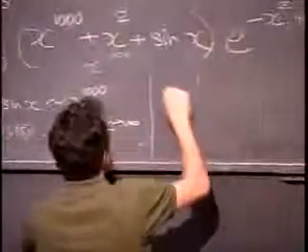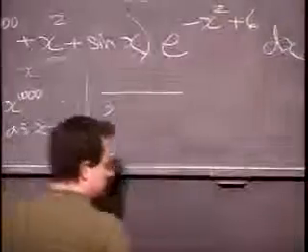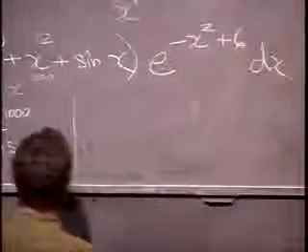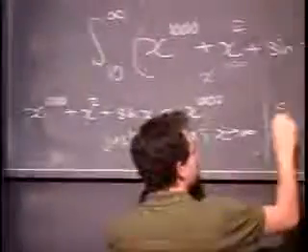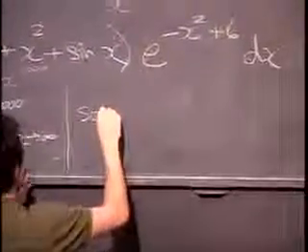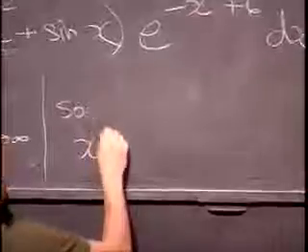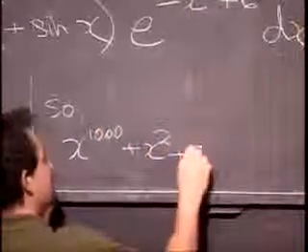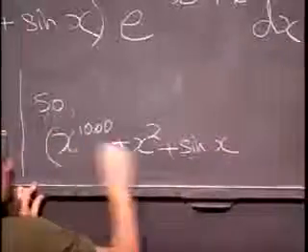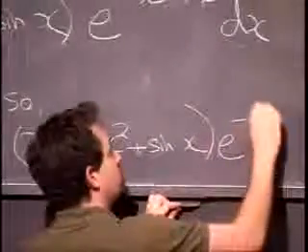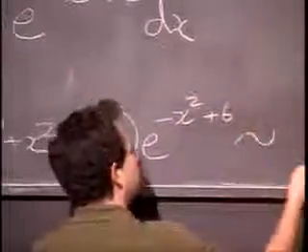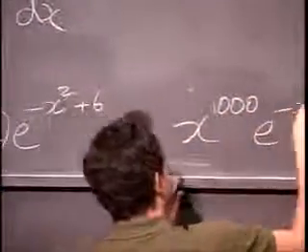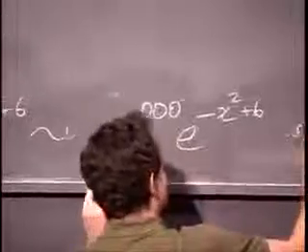I don't need the reciprocal. What I need to do is multiply both sides by e to the minus x squared plus 6. So, x to the 1,000 plus x squared plus sine x times e to the minus x squared plus 6 twiddles just x to the 1,000 e to the minus x squared plus 6 as x goes to infinity.